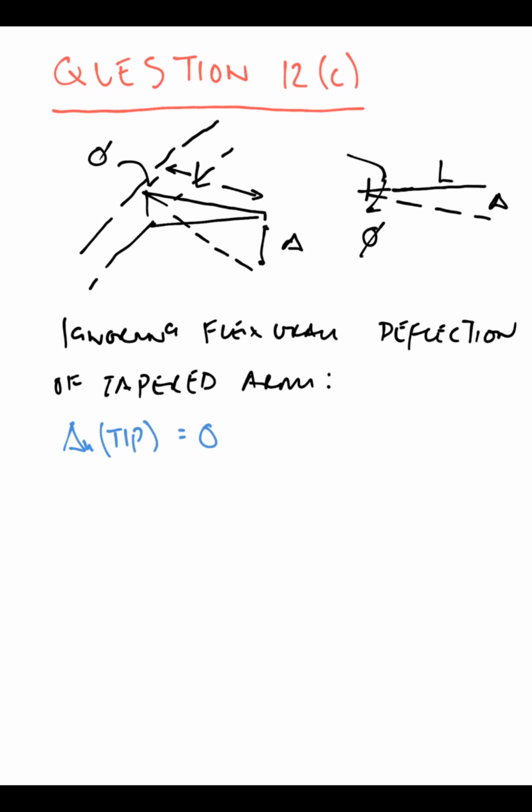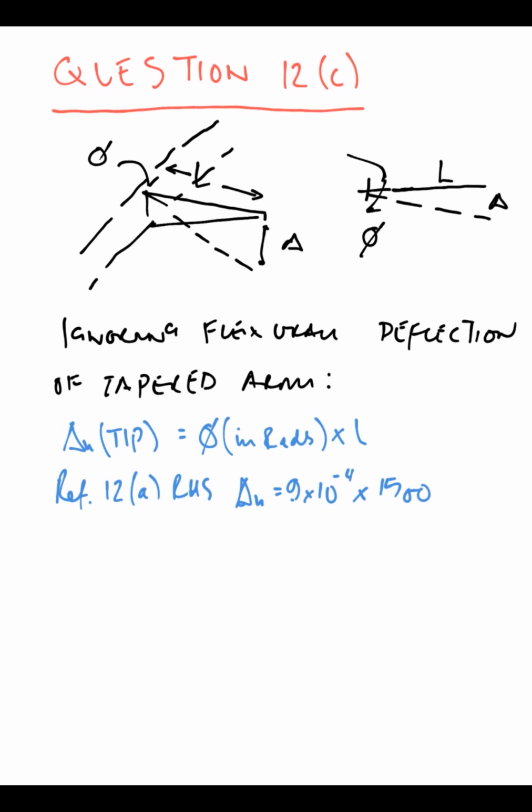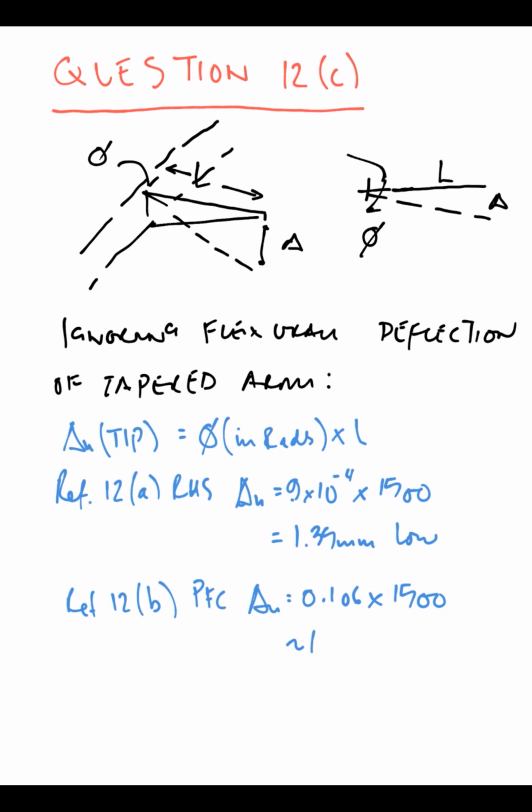If we ignore the flexural deflection of the tapered arm, which is going to be relatively low, L times the rotation for the RHS section gives you 1.35 millimetres. This is from 9 times 10 to the minus 4 radians from 12a. For the PFC we've got a much higher rotation from 12b, which gives 168 millimetres. So the architect's desire for a PFC runs into problems, and we're going to have to look at an alternative design for this.